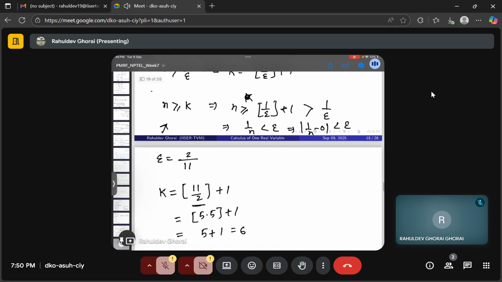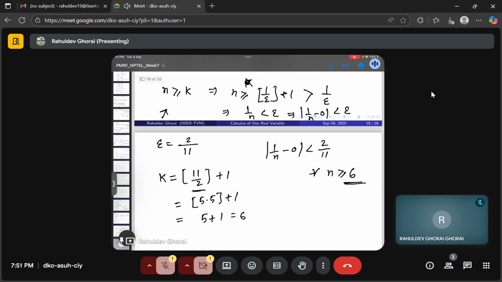So then what you can say is 1 by n minus 0 is less than 2 by 11 for all n greater than or equal to 6. That is the k value, right? It's not for all n greater than or equal to 5. It will not be valid.